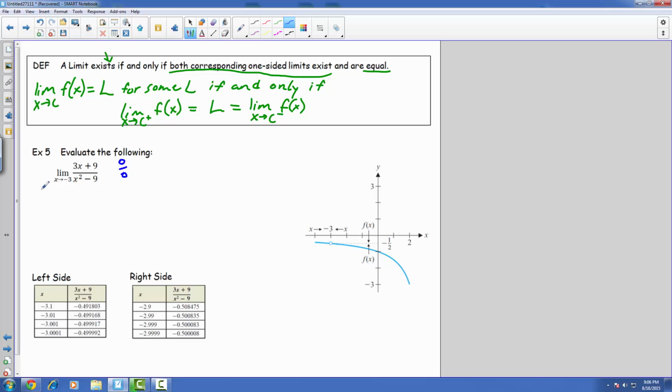Now I'm going to go ahead and show the factoring method using both the left and right-sided limits. So for the first one, we have the limit as x approaches -3 from the left of our particular function. And as we said, we can go ahead and factor out something. It looks like we could pull a 3 out of this top guy. So we'd be left then with 3 times x plus 3. On the bottom, we see that that is the difference of two perfect squares. So that's x plus 3 times x minus 3.